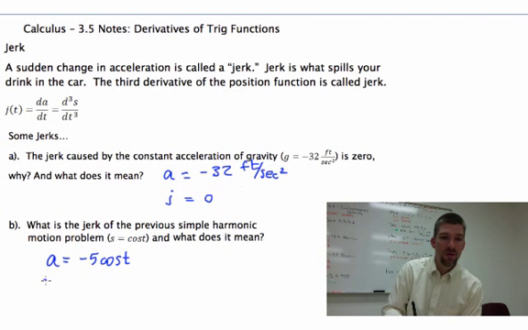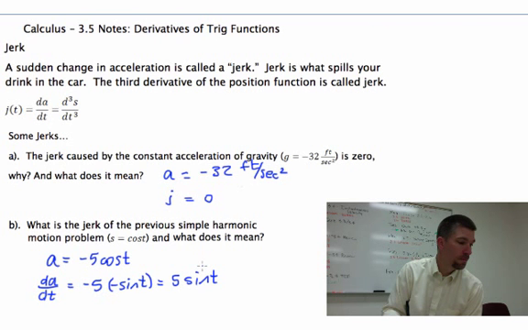So if we look at the derivative of that, we would end up with -5 times the derivative of cosine, which is 5 sine t, and so that would be the jerk function for your simple harmonic motion problem.